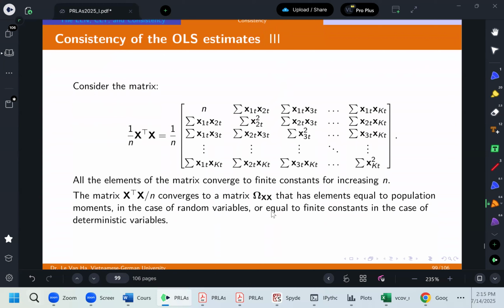For example, if we think of the matrix X transpose X and multiply them, you will see that each entry is a summation of terms. If they are IID, meaning they are not too dependent and they don't have a variance that goes to infinity.